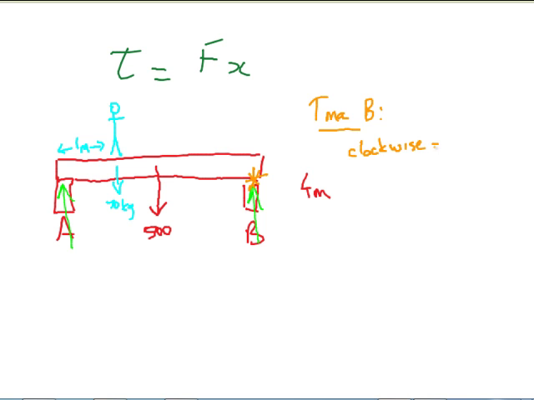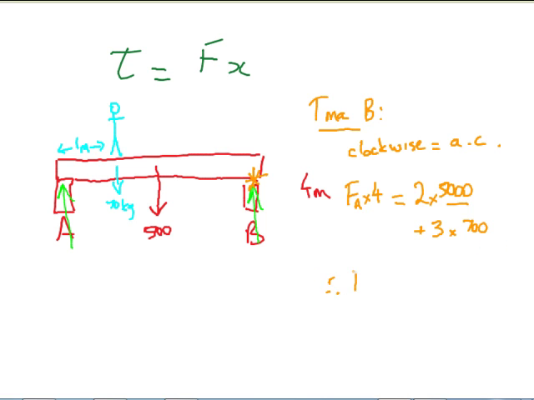So we look at clockwise must equal anti-clockwise. The clockwise one is the force of support A times a distance of 4 meters, which must equal 2 meters times the 500 kilograms, which of course is 5,000 newtons. Don't forget to convert to newtons. Plus 3 meters, since he's 1 meter from support A, that makes it 3 meters from support B, 3 meters times the 700 newtons.